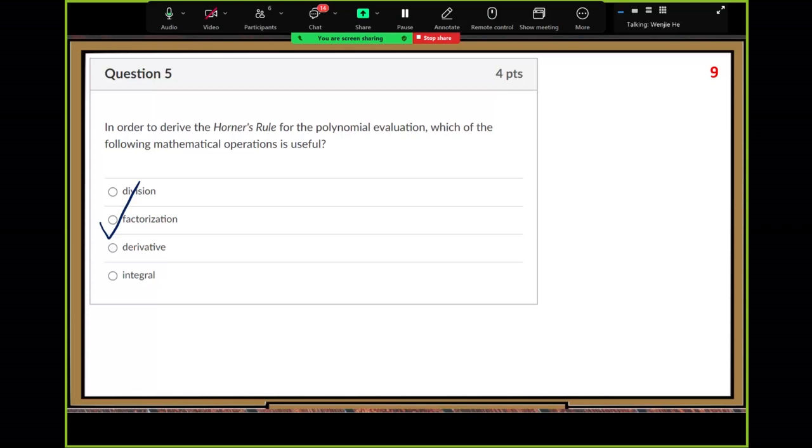Actually, we apply the factorization property as much as we can, right? And that's the greedy algorithm.